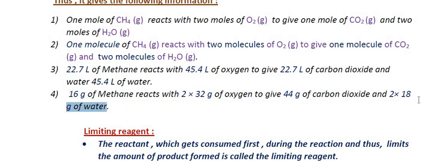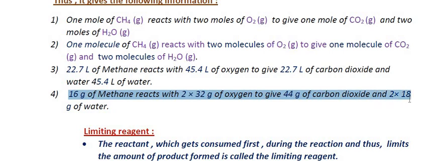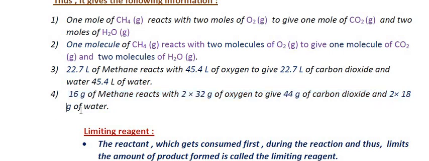Because the molar mass of water is 18, and since 2 moles are formed, the mass of water formed becomes 2 into 18 gram. So I repeat the fourth point: 16 gram of methane reacts with 2 into 32 gram of oxygen to give 44 gram of carbon dioxide and 2 into 18 gram of water. I hope this point is clear to you.